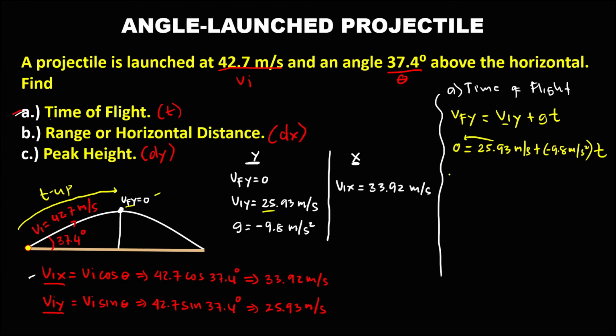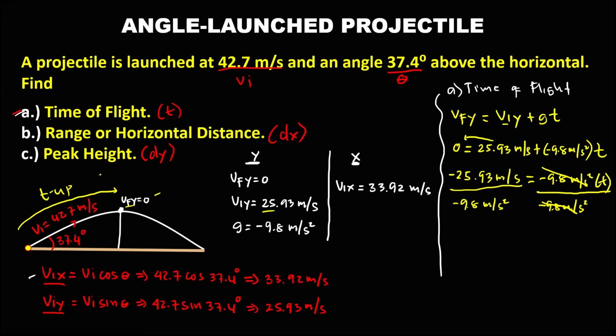So this becomes negative 25.93 meters per second equals negative 9.8 meters per second squared times the time. Then divide both sides by negative 9.8 meters per second squared.